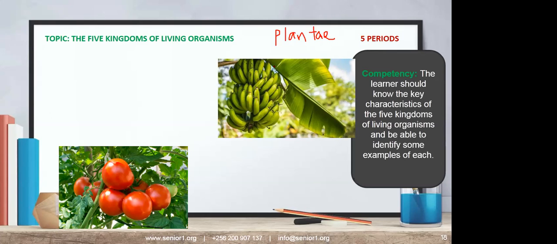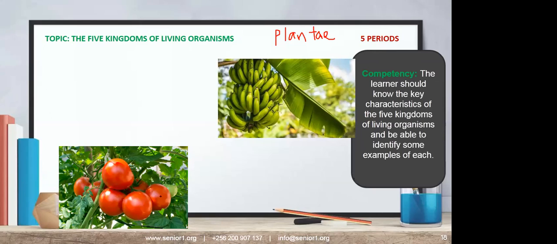And most of them are going to be green. The green is called chlorophyll, to be able to trap sunlight energy, and it makes for you that banana which you ate for your breakfast. It will make for you that tomato which you are going to add to the recipe when you are frying food. And it contains certain nutrients which you need, like lycopene.